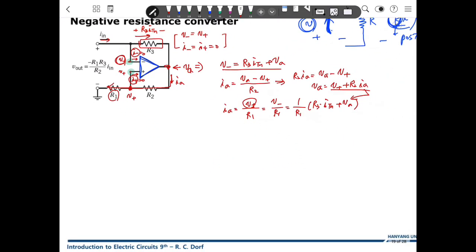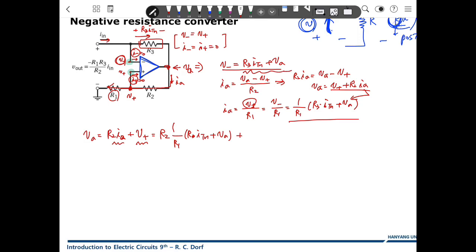So V_A is R2 I_A plus V positive, and R2 I_A is here, R2 over R1 times (R3 I_in plus V_A), plus V positive, which is R3 I_in plus V_A.